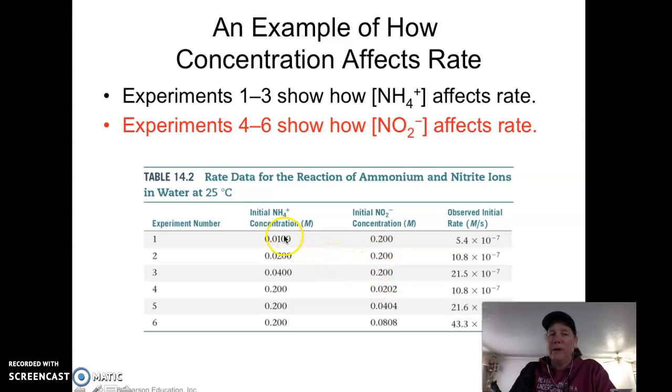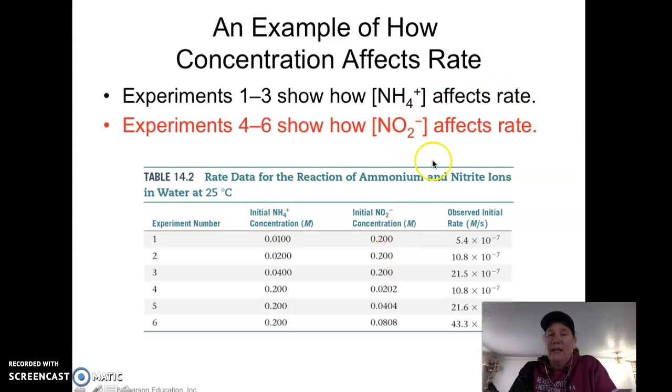If I'm comparing, these have to change and these have to be the same. If both of them are changing, then it's not going to do me any good to figure out the rate, because is it this one that's causing it or is it this one? So whenever you're trying to figure out their order, you have to make sure that one of them isn't changing and one of them is.